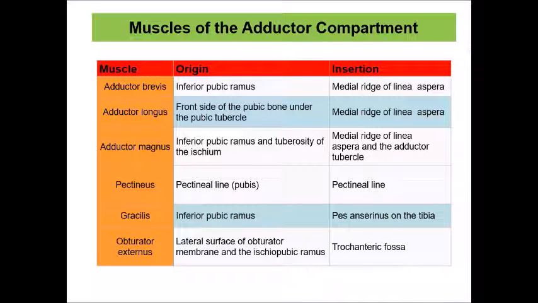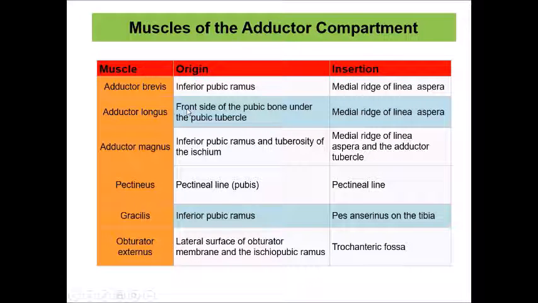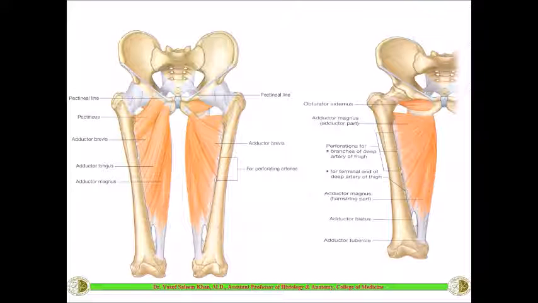Coming to the origin and insertion of these muscles, the first muscle is the adductor brevis. Here you can see the adductor brevis. It takes origin from the pubis, from the inferior pubic ramus. The pubis has 2 rami, superior as well as inferior pubic ramus.